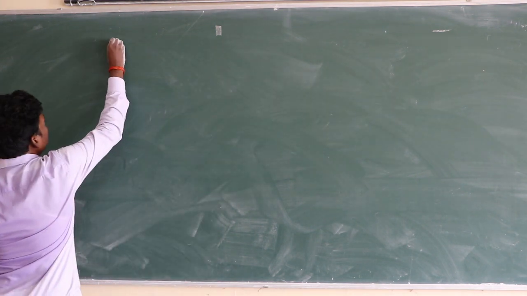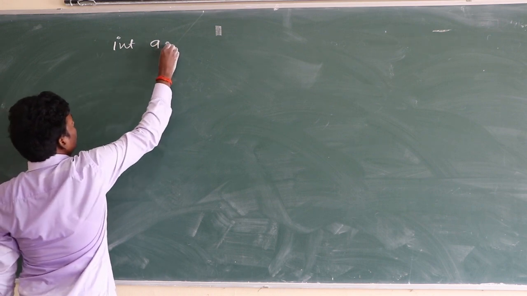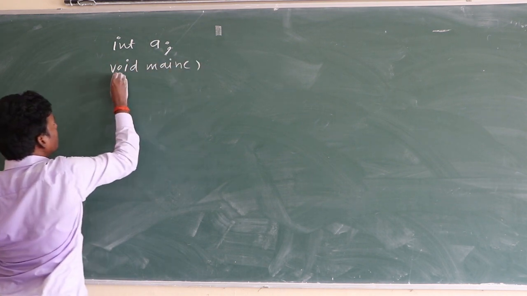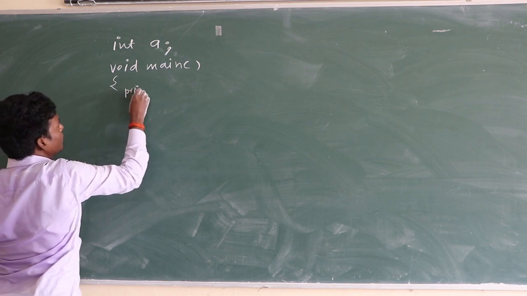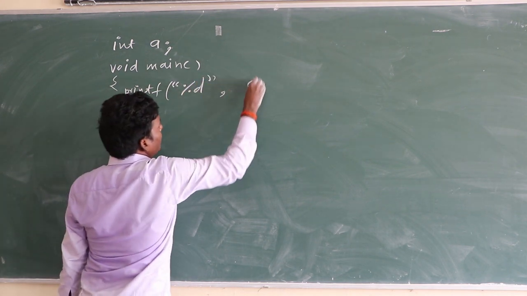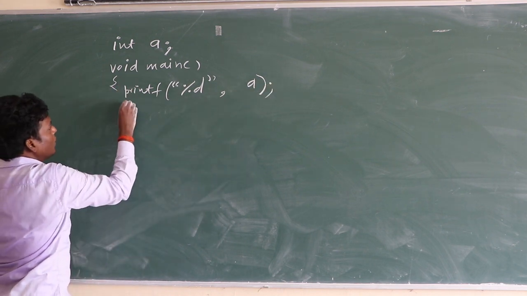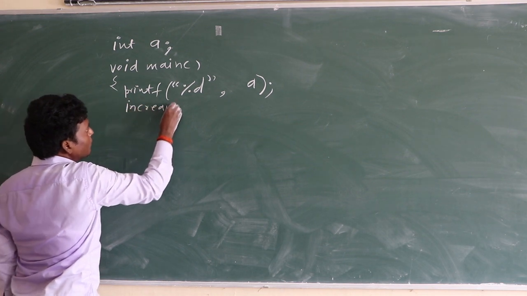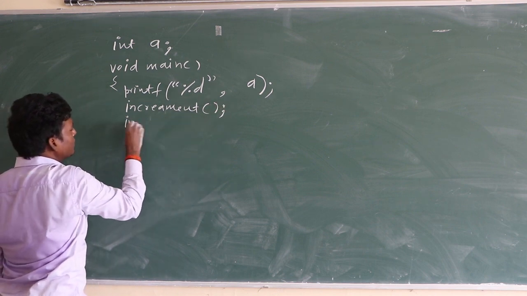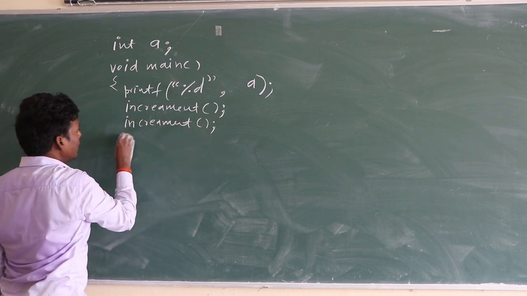Now the program: int a; void main, printf %d a, then the increment function is called, again increment, then decrement.